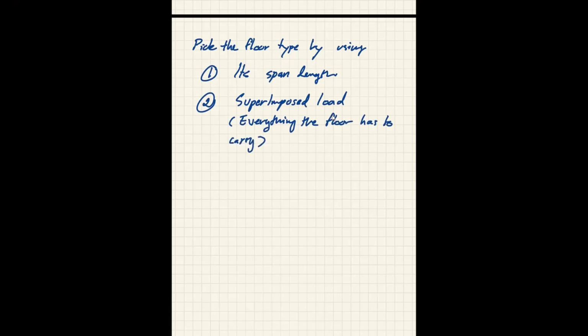So after the floor is selected, its weight is known.